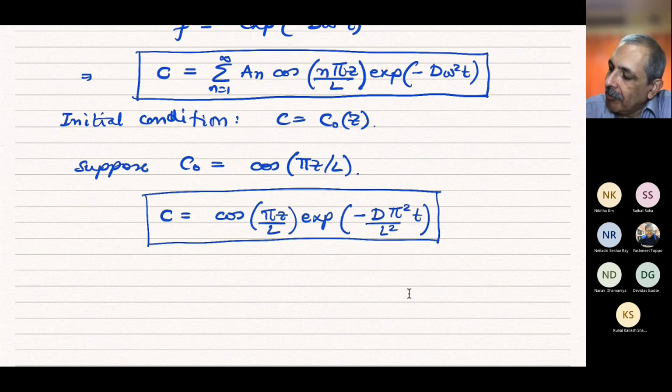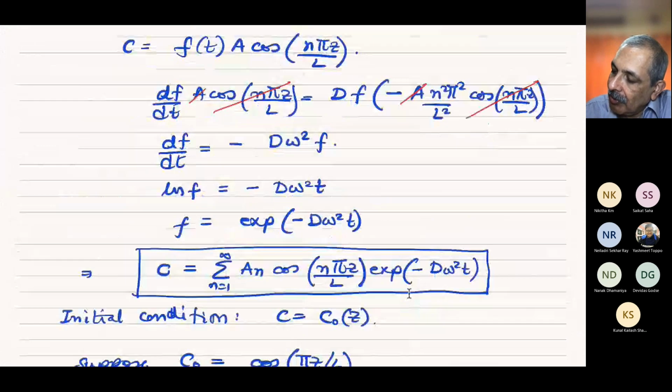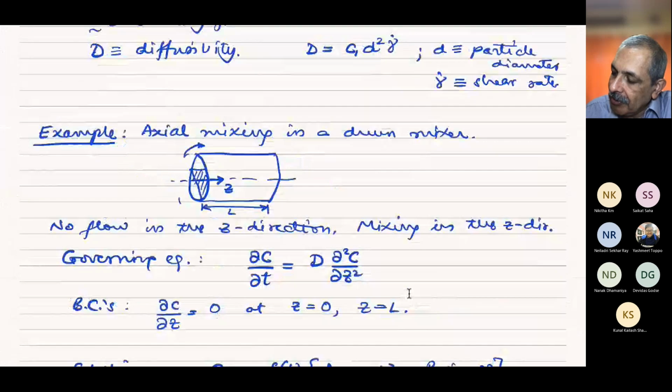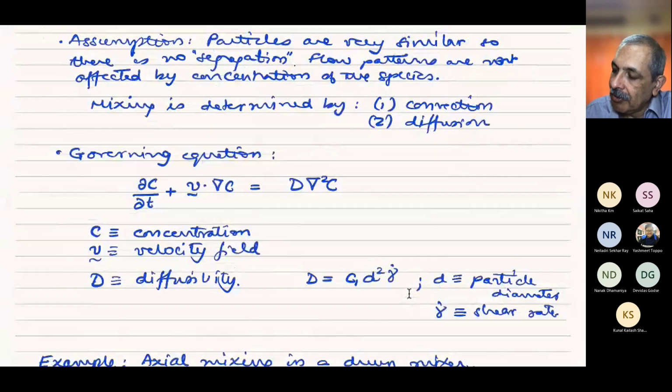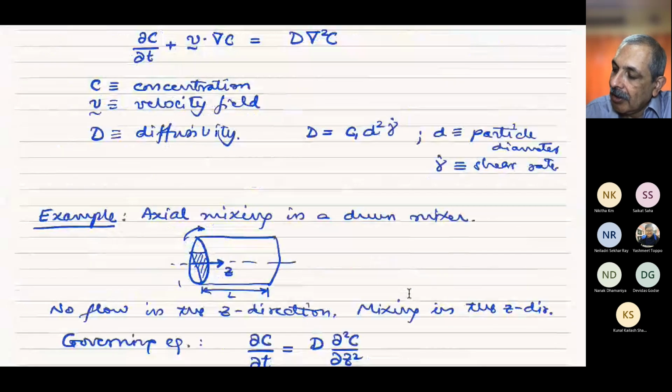Okay. Maybe a little bit of thinking has to go into that, but this is a very simple example that we did for actual mixing, but you can do many more complicated examples.